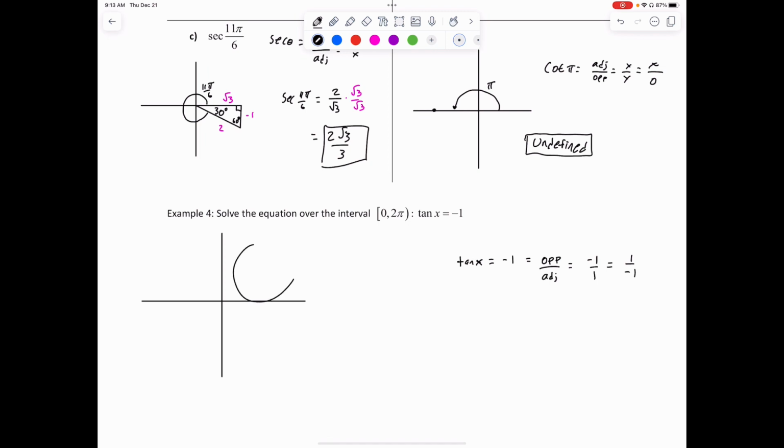I don't suspect that I'm going to get any angles in the first quadrant, because in the first quadrant, we have x and y both being positive values, so we're not going to get a negative. The second quadrant's a possibility, though.